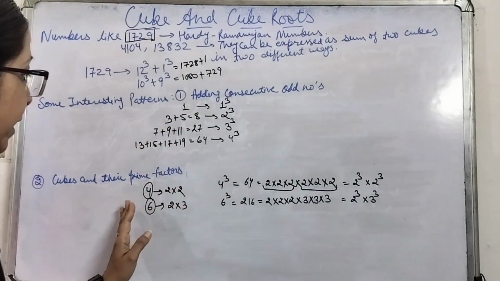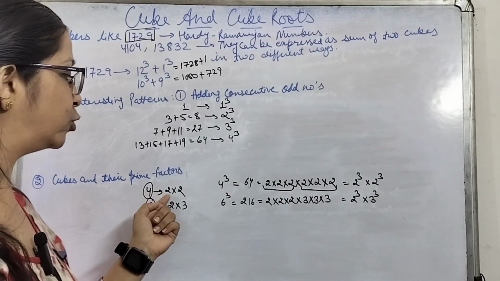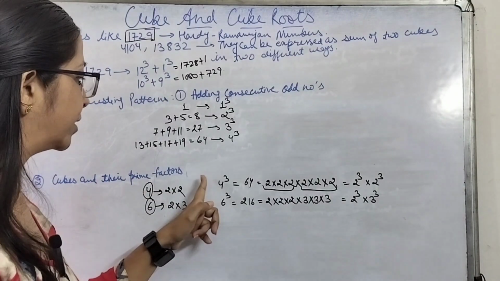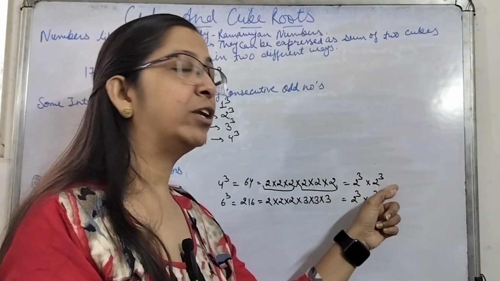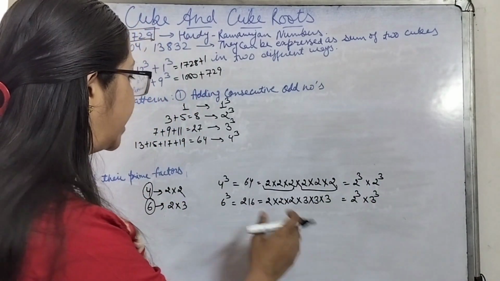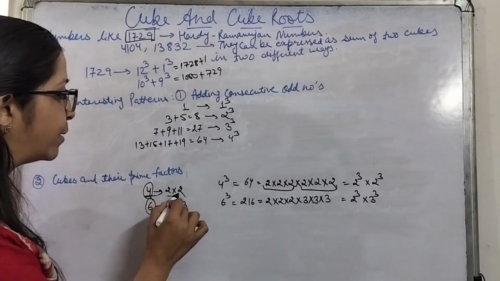Whatever factors the number has, like in 4 the factors are 2 multiplied by 2, if we find the cube of 4, then its factors will be 2 and 2, but their powers will be 3. That means they will be multiplied 3 times in their cubes. In the cube of a number, we have the same factors.